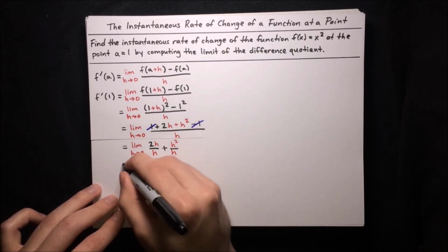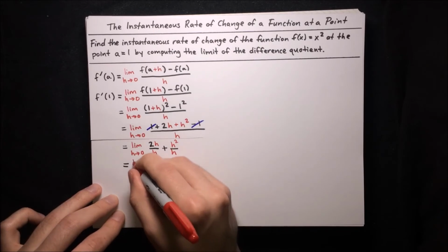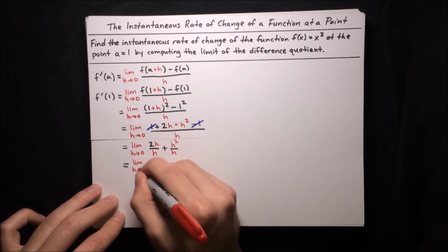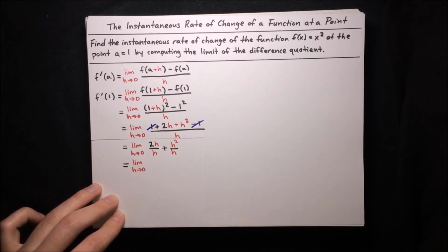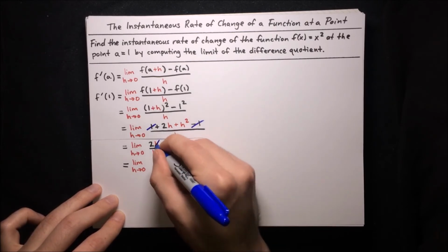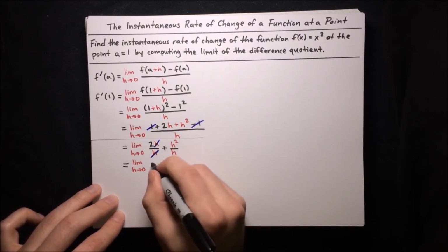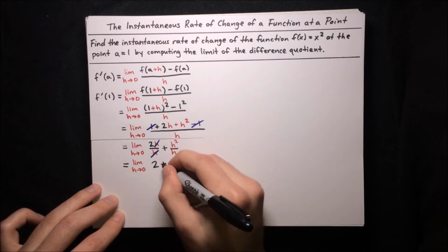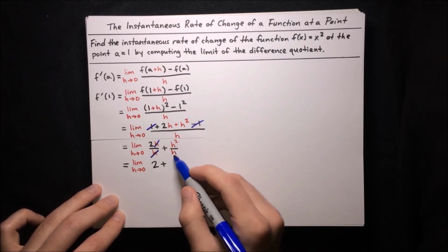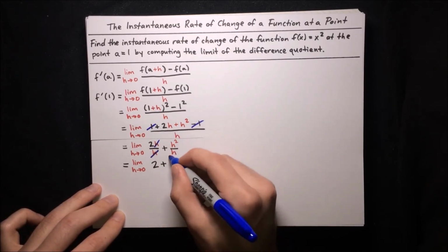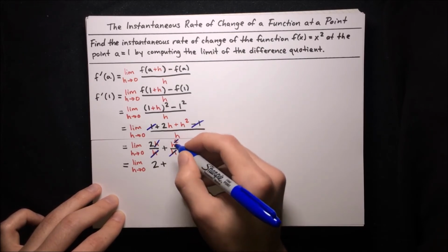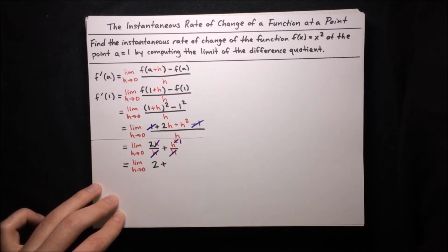So we go ahead and continue simplifying. This is the limit as h approaches 0, and we see here that in 2h over h, the h's cancel, and we've just got 2, and then plus, in this other term, h squared over h, we can cancel the h in the denominator, and then decrease this exponent by 1 to get just 1 in the exponent.